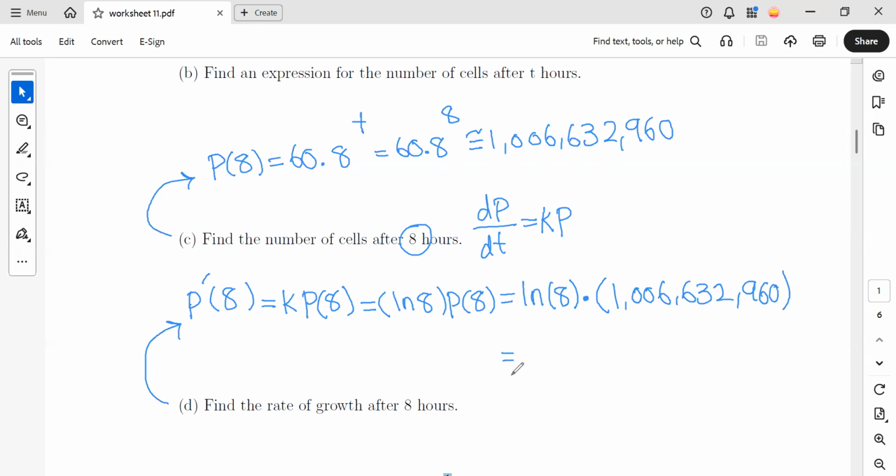And using calculator, we would end up with approximately 2.093 billion cells per hour.